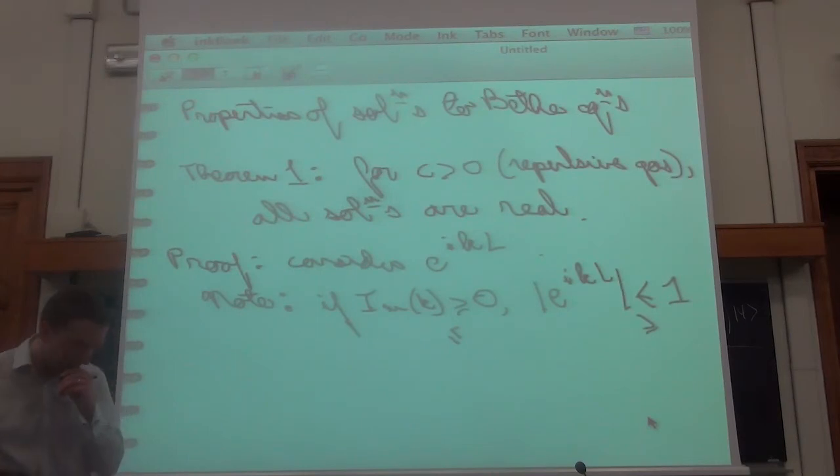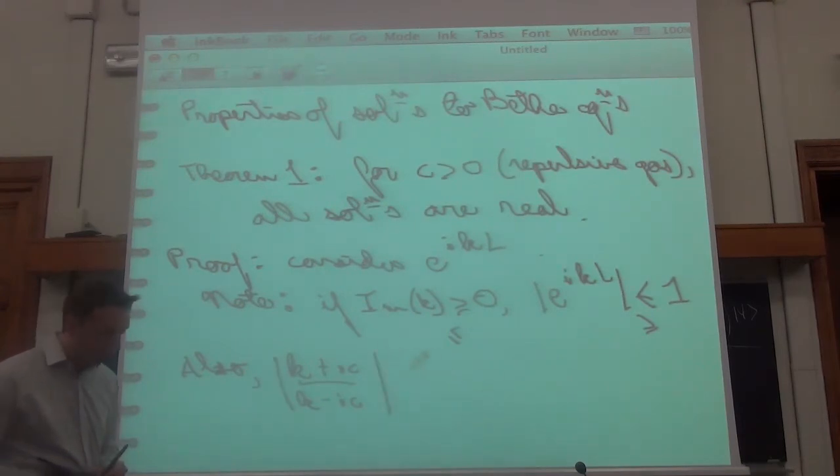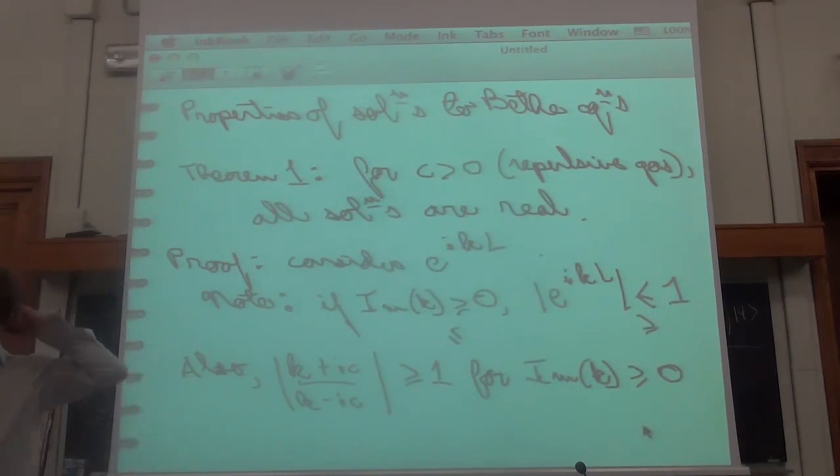Now, just before we do, also just look at k plus ic divided by k minus ic, and you take the norm of that. So again, this will be greater or equal to 1 for the imaginary part of k greater than or equal to 0, and conversely.